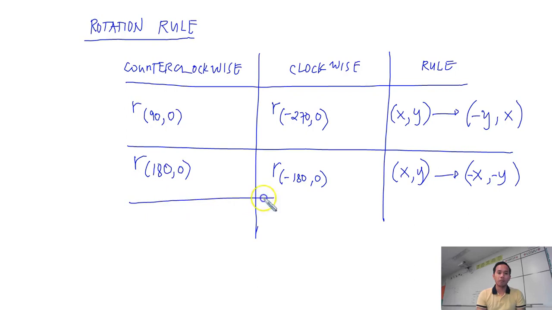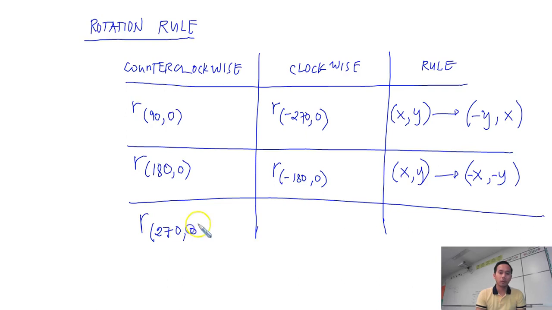The last rule that we have here is rotation about the origin 270 degrees, which is the same rule as negative 90 degrees about the origin. That's again clockwise. So the positions of your x and y will flip. It will become (y, −x).